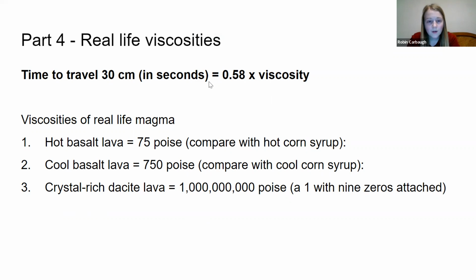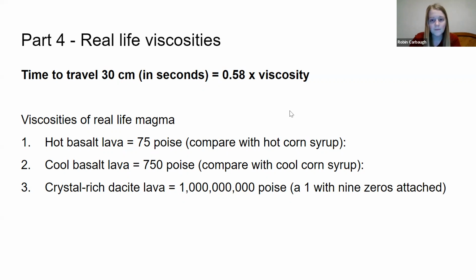And all you have to do to find the time is to multiply each of these by 0.58, which I just think it's kind of cool because we think of lava as going really, really fast, but if you multiply this by, say, 1 billion, you're going to find it actually can go pretty slowly. So just kind of a cool example.